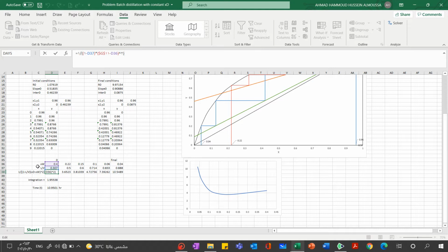Then from the numerical integration formula that the doctor put in to make it easy for you, it will calculate the integration. After that, it will calculate the time from the same equation.